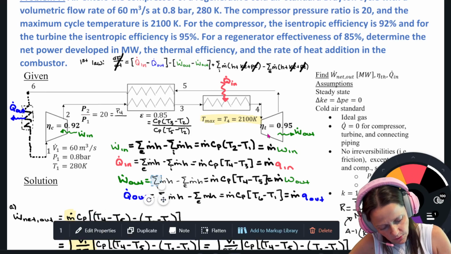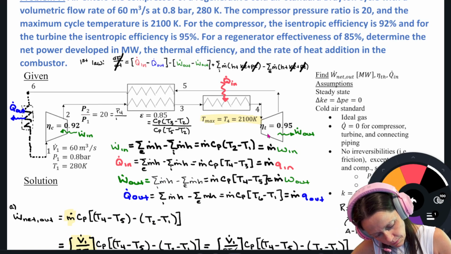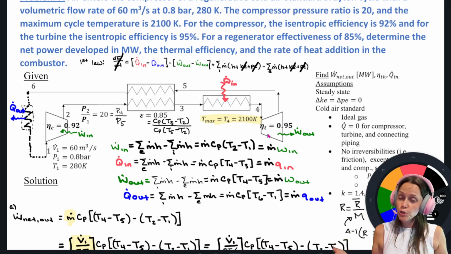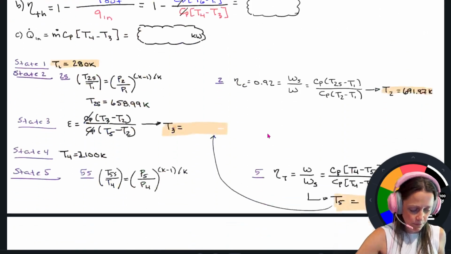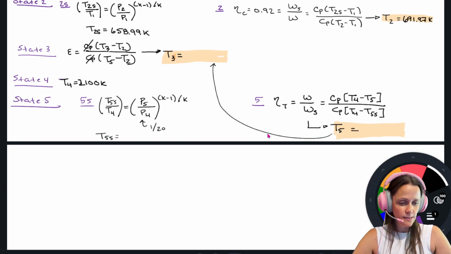All right, so then this is going to be P5. You can see P5 over P4 is just going to be 1 over 20, so 1/20th. So I get a T5s. Let's see what I end up getting.